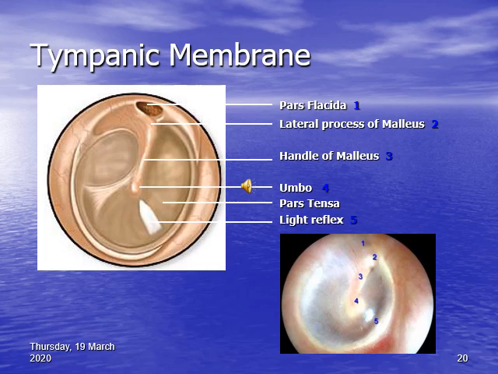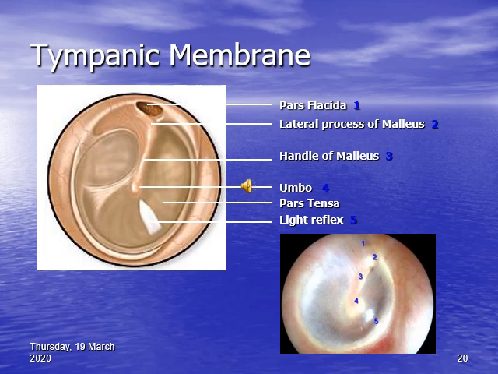We can identify the handle of the malleus extending in the center of the tympanic membrane, ending with the umbo. There is the lateral process of the malleus, and there is a triangular area in the anterior inferior portion of the tympanic membrane extending from the umbo anterior inferiorly, and this triangular area we call the light reflex.